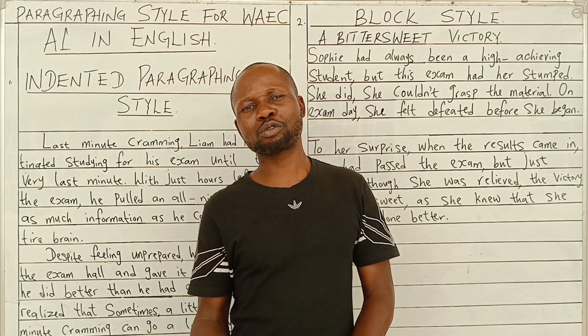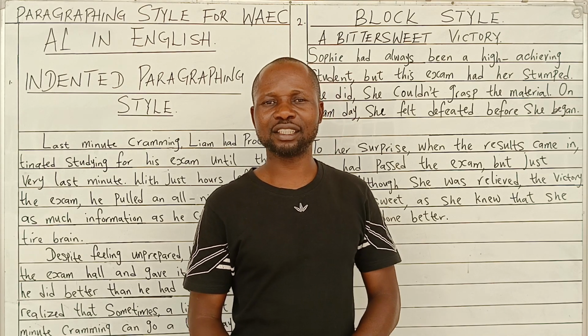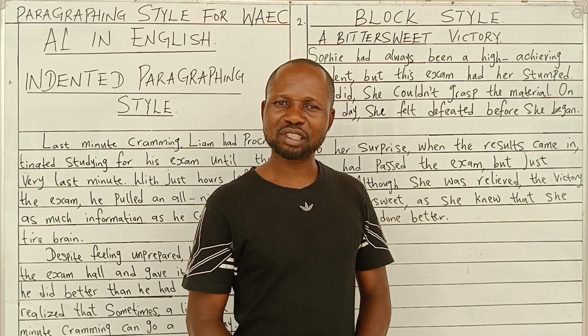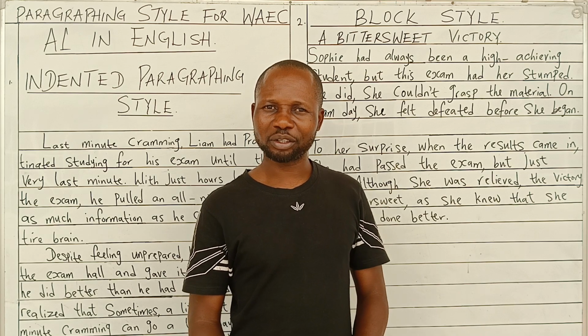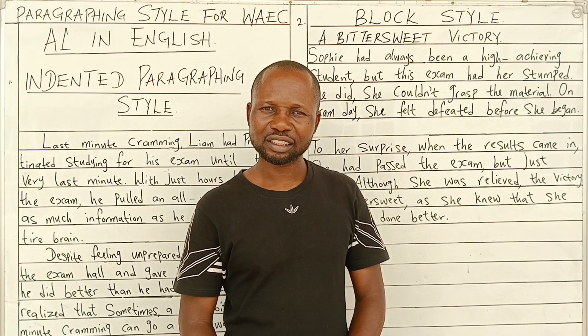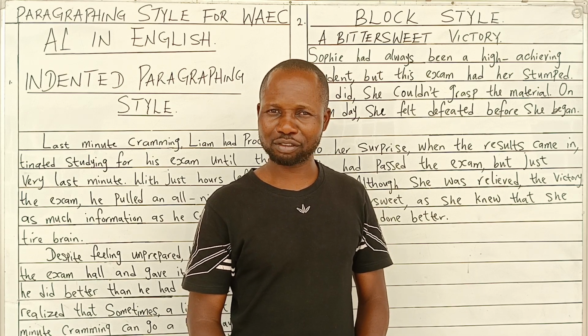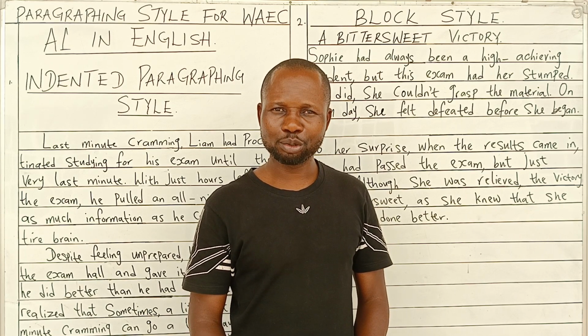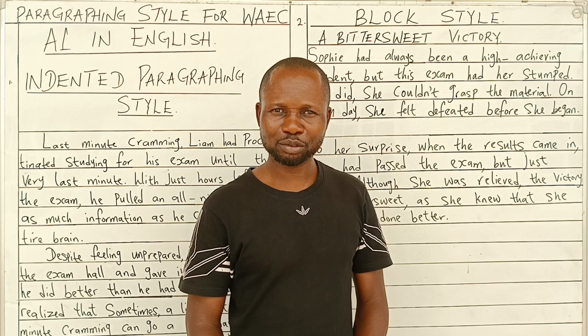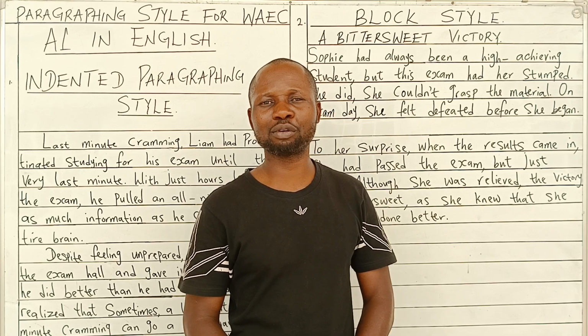Is there any need for you to go and get B, which is 69, or C, which is 59, or D, which is 49, when you can actually get A? It's not that you must get 100 over 100, but you can get A1, which is 70, 71, and above.